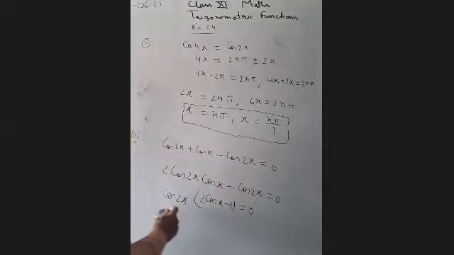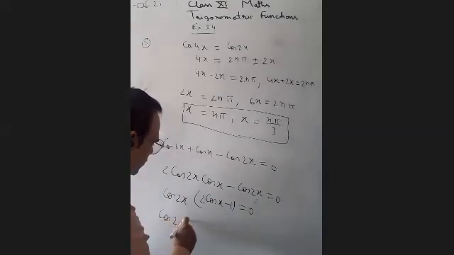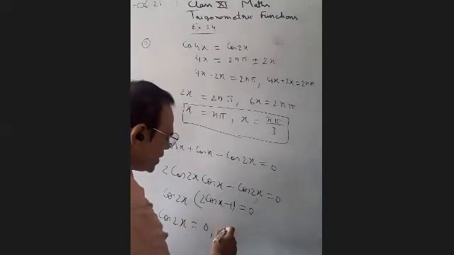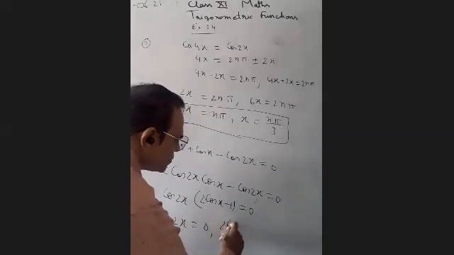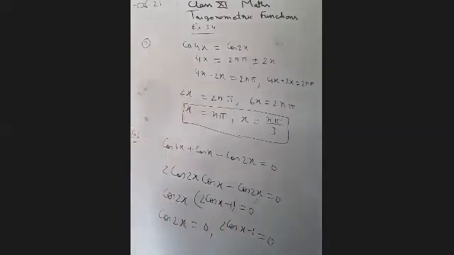Okay, if cos 2x is equal to 0 and 2 cos x minus 1 is equal to 0, so we can give two different answers.